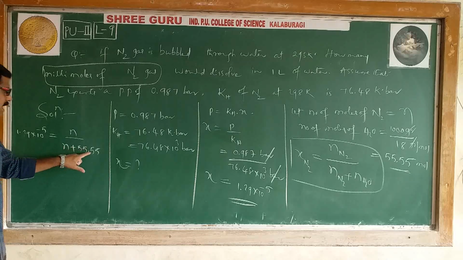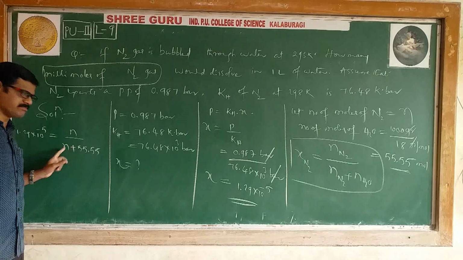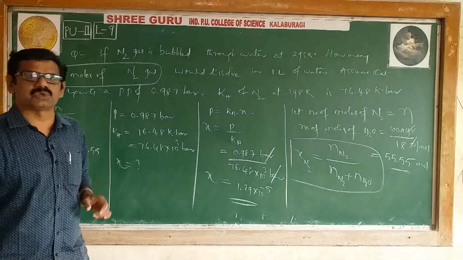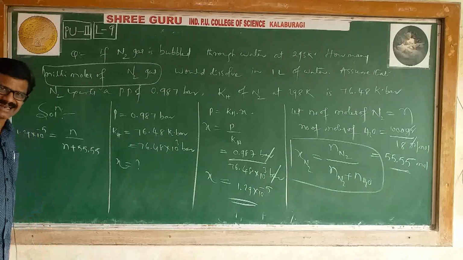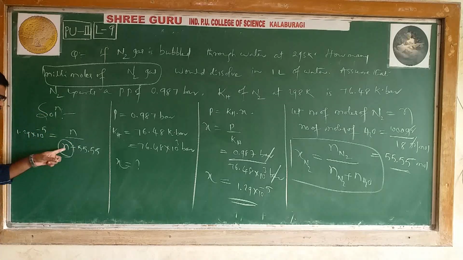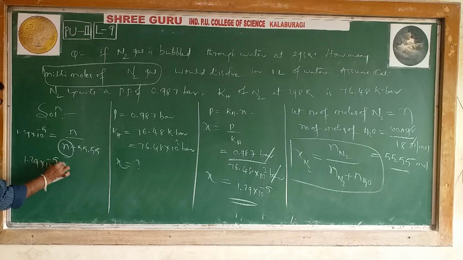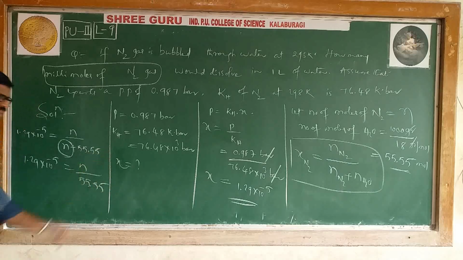When we compare water moles and nitrogen moles, nitrogen moles are less. Nitrogen moles can be neglected from the denominator. Its quantity is less, so we can neglect this value. Therefore 1.29 into 10 to the power of minus 5 is equal to n by just 55.55 only.